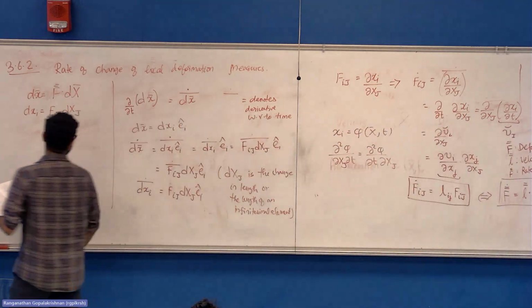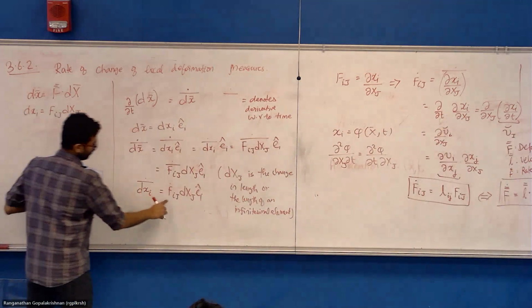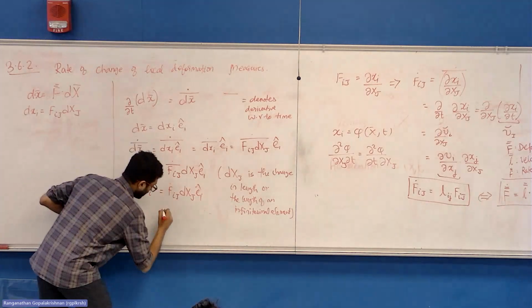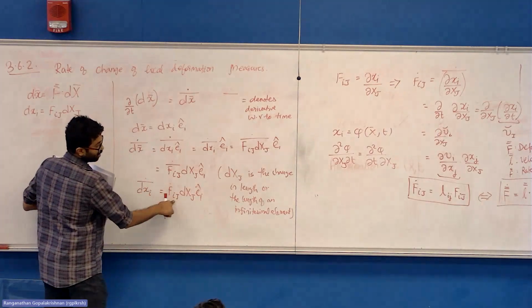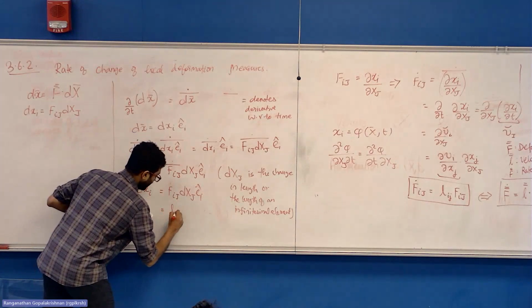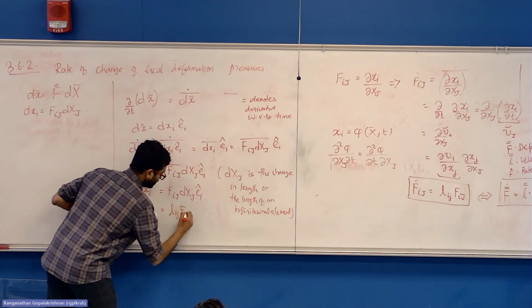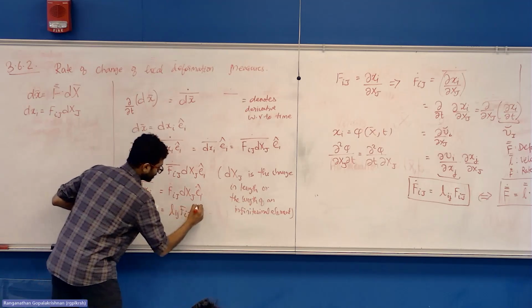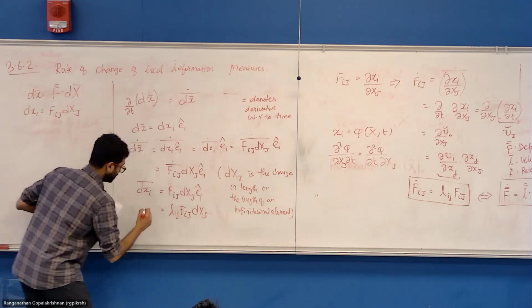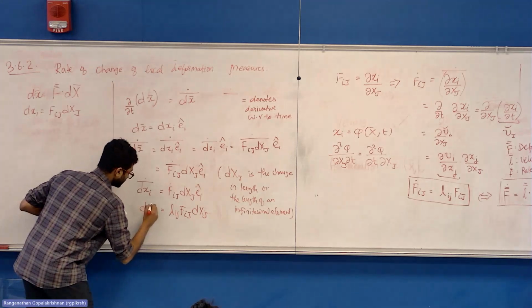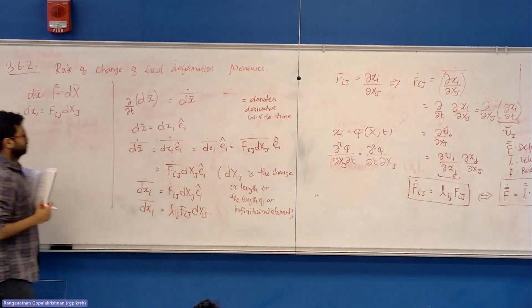All right, so we are back here. We wrote Fij. You can replace Fij dot with Lik Fkj, Xj. That would be dxi dot.